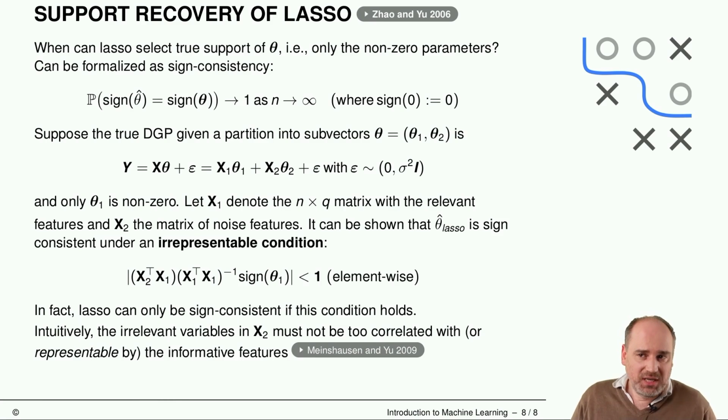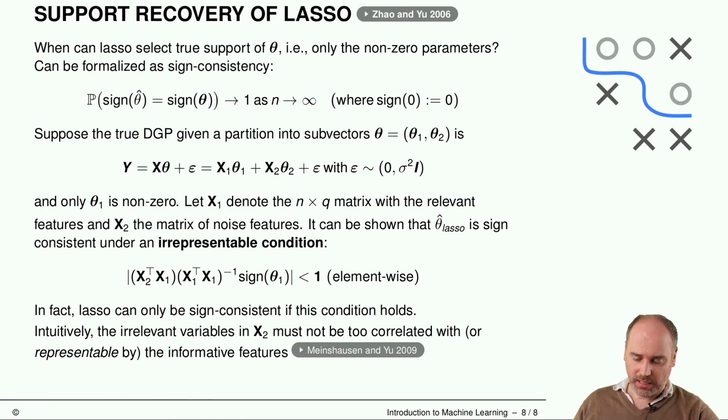We can formulate this as the so-called sign consistency property, where we want the probability that the sign of theta hat, so the sign of our estimated coefficient, is exactly the same as the sign of the true coefficient, to go to 1 when the sample size goes to infinity.